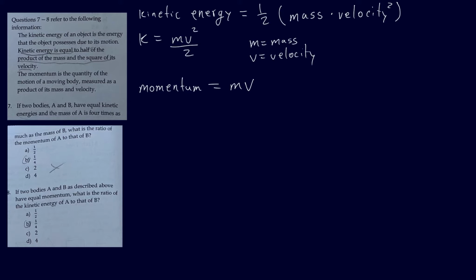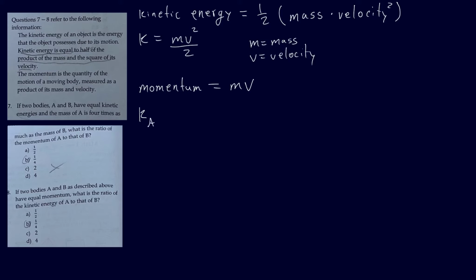Number 7. If two bodies, A and B, have equal kinetic energies, and the mass of A is 4 times as much as the mass of B, what is the ratio of the momentum of A to that of B? Okay, so we have two pieces of given information. A and B have equal kinetic energy. I can write kinetic energy of A equals kinetic energy of B, but I'm going to write it in shorthand.